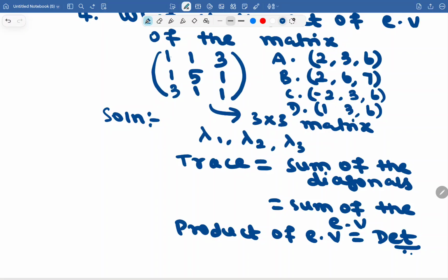Trace is the sum of the diagonals 1, 5, 1. If we add, 1 plus 5 plus 1, the answer is 7.